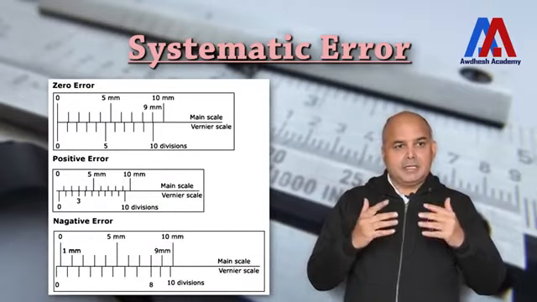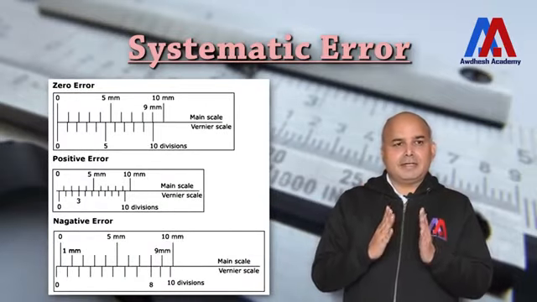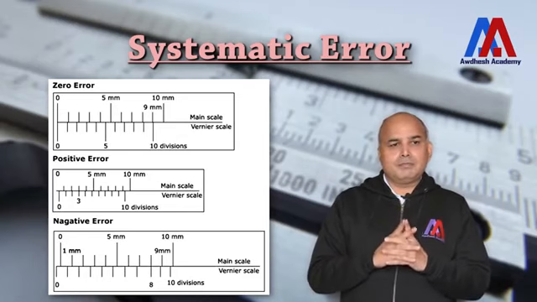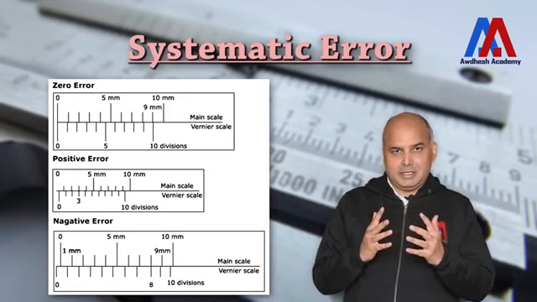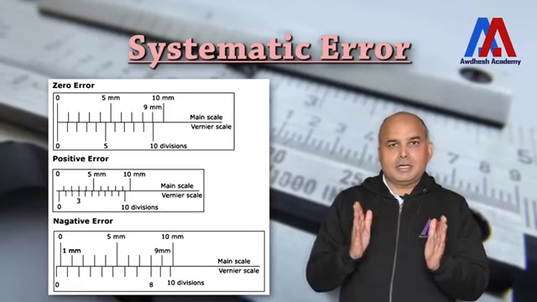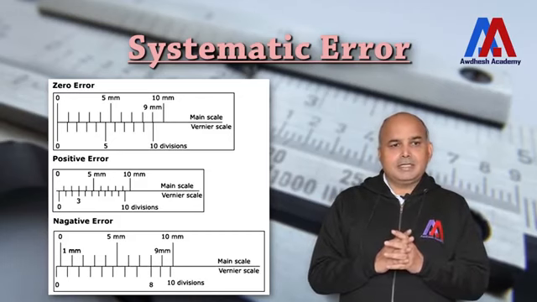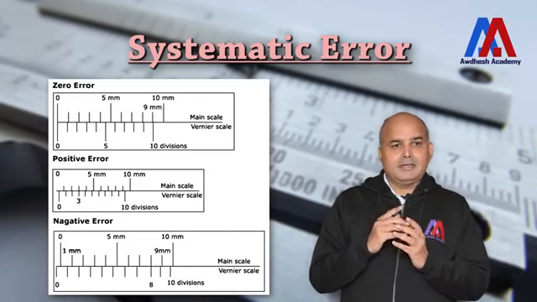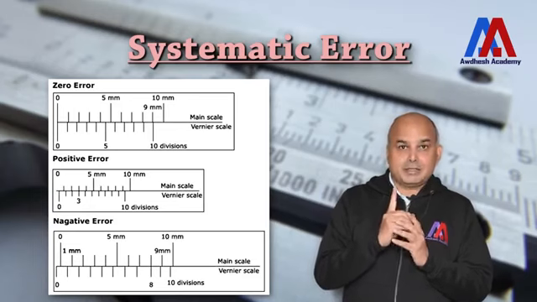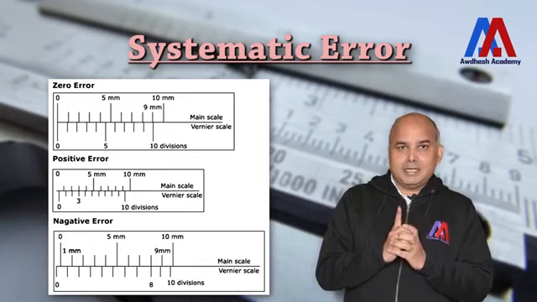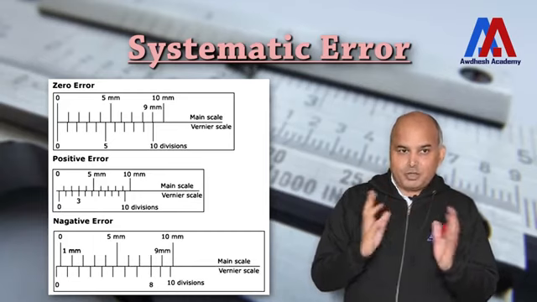So here we see three different diagrams which are reflecting three types of zero errors. In the first case, you see that both zeros of the main scale and the vernier scale are matching, and therefore there is no zero error in this particular case. In the second case, you can see that the main scale and the vernier scale are matching at 0.3, and this is on the positive side, and therefore the error is 0.3 positive.